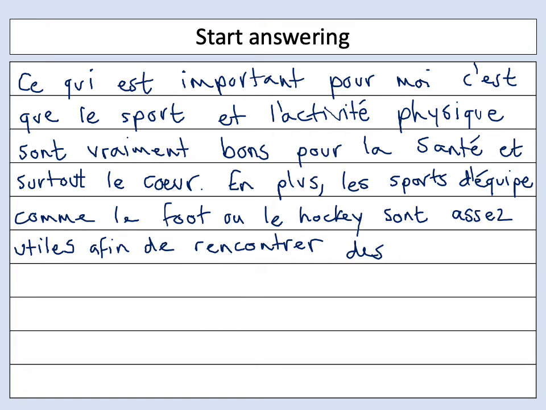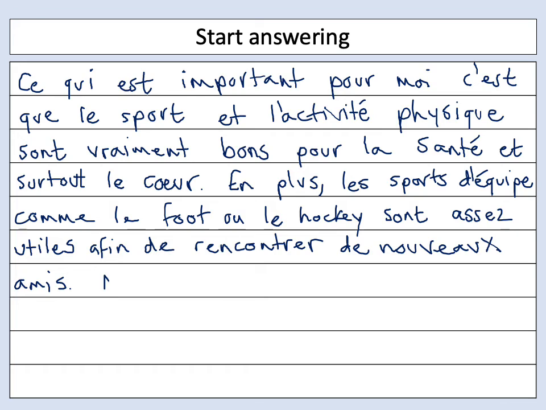Actually, let's not do des amis, let's do de nouveaux amis, new friends. We'll put X on the end, but again, if you don't do that in the exam, we will be able to live with it. De nouveaux amis. Lovely, that's really, really nice.